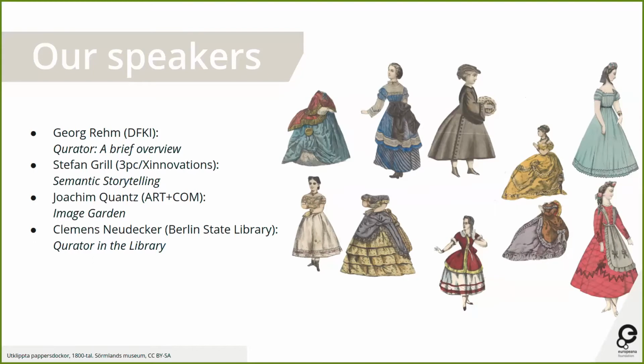Stefan Grill from 3PC X Innovations is going to talk about semantic storytelling. Joachim Quantz from Art and Com is going to introduce us to the image garden, and I'm really intrigued by that title. And last but not least, a fellow member of the EuropeanaTech steering group from Berlin State Library is going to talk about Qurator and the library. So welcome everyone, and let's get to Qurator.